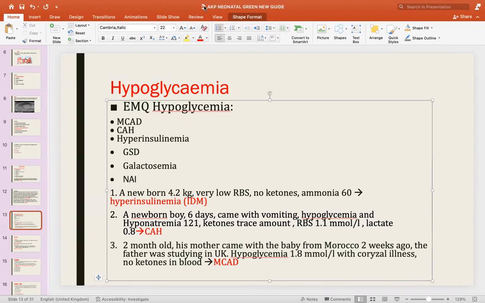MCAD means medium chain acyl-CoA dehydrogenase deficiency. This is a kind of fatty acid oxidation defect, FAOD. Sometimes they will give you FAOD, which means fatty acid oxidation defect, and sometimes they will give you MCAD. Yes, that is the full name of the enzyme.